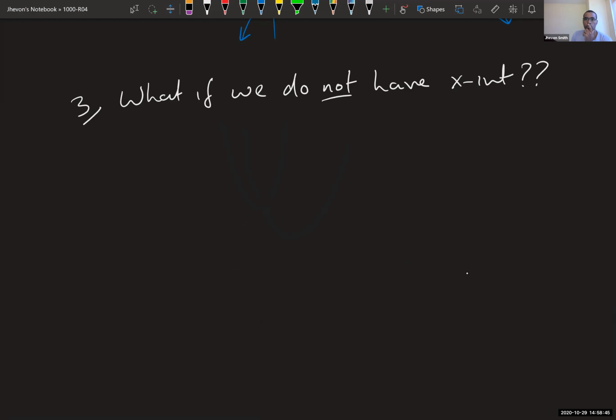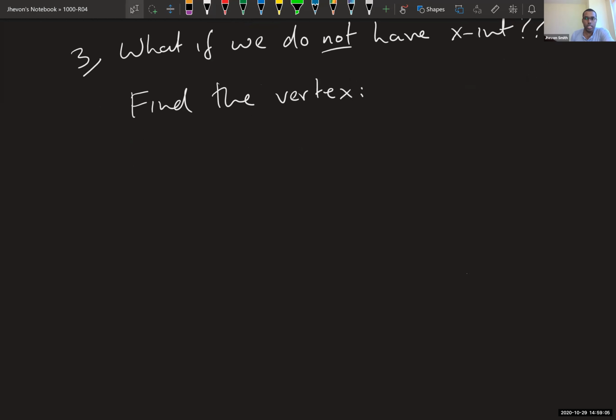Would you look for the vertex to see which way it will go? Here's where you find the vertex. Come on, I asked you guys for questions and no one was asking me questions, but it's clear that you guys aren't on top of your concepts. Did you guys watch the lecture? Hopefully you did. You would find the vertex.